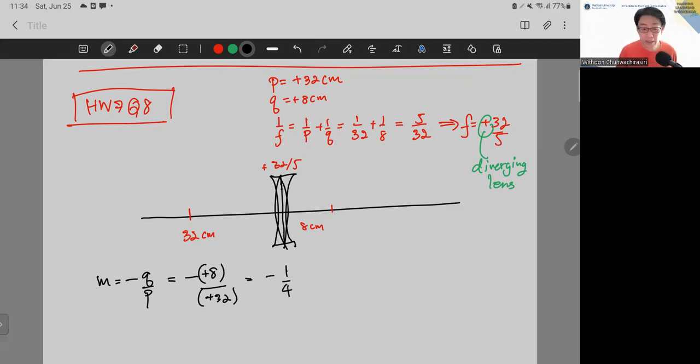So it means it's a reduction in size. It's going to be 4 times smaller, and it's upside down, which is fine. You have an object here. At the end, you get the image here, just 1/4 of the size, and it's inverted upside down. And the lens is converging. You are pretty much done.